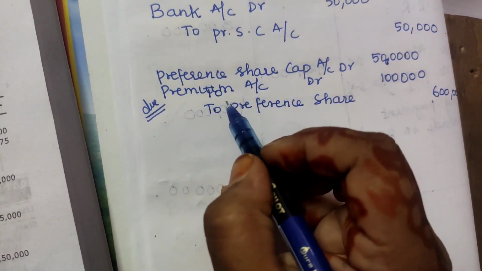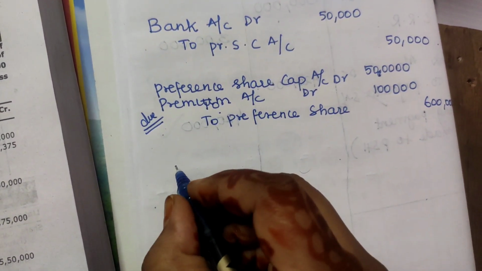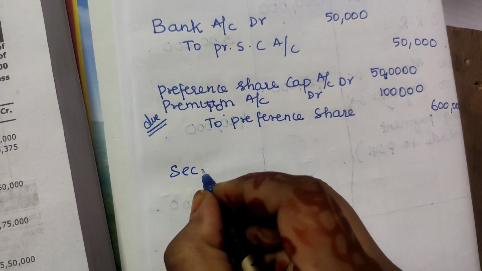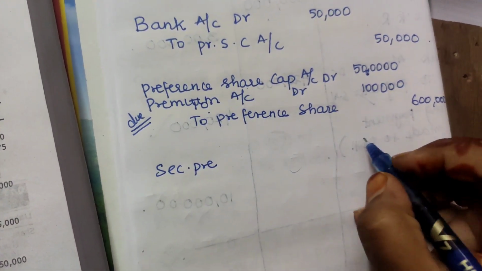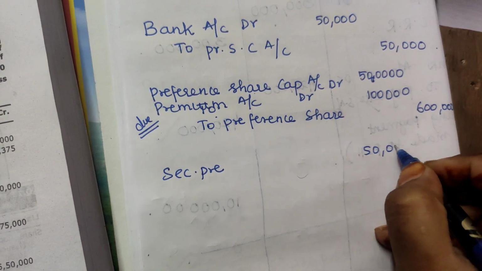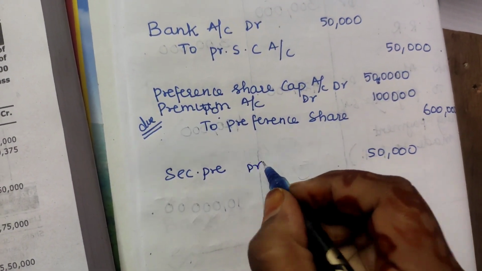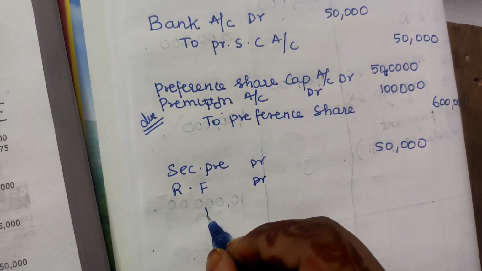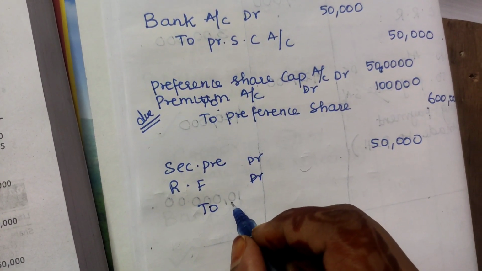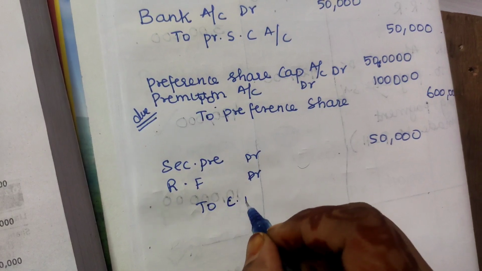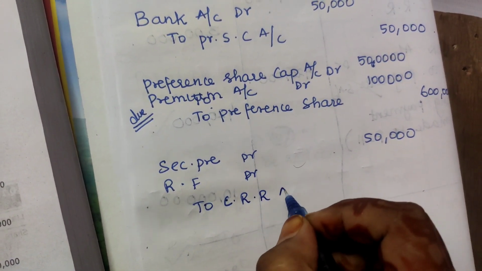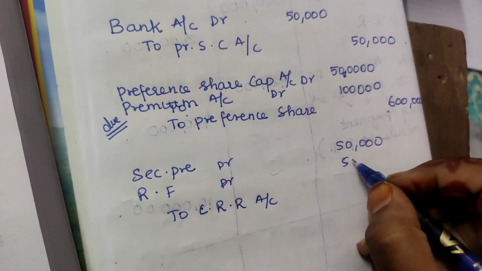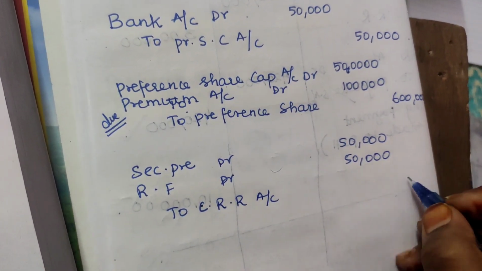So for the premium 1 lakh we are going to take 50,000 from securities premium or share premium, and the rest from reserve fund, to capital redemption reserve account. Okay, now this has been arranged.